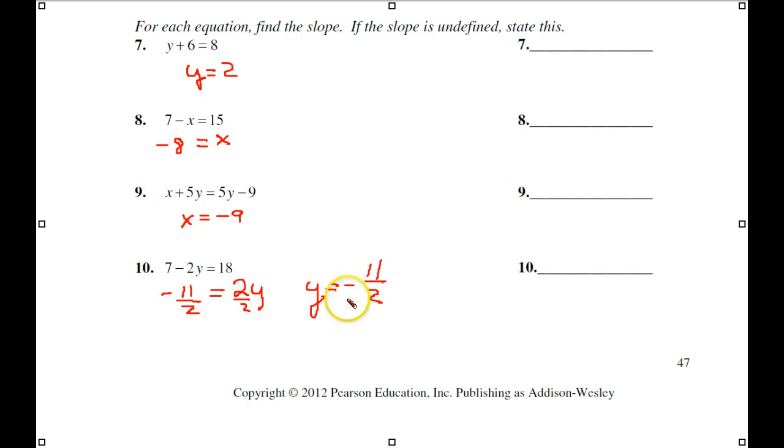Okay, now in these 4 cases, we have solved or attempted to solve for the letter y. Now we can figure out what's the slope. Well, here, this is equation 5. Y equals b. So the slope is 0. Here, this is equation 6. X equals a.